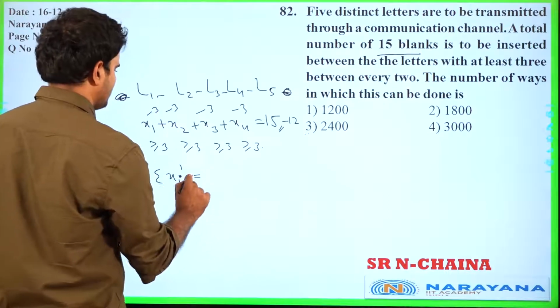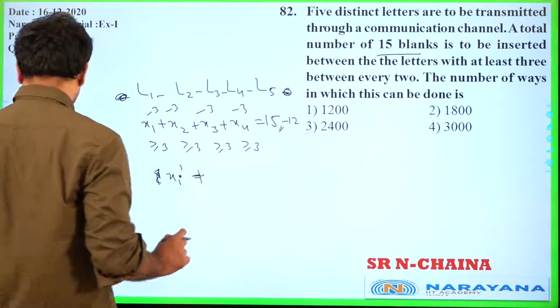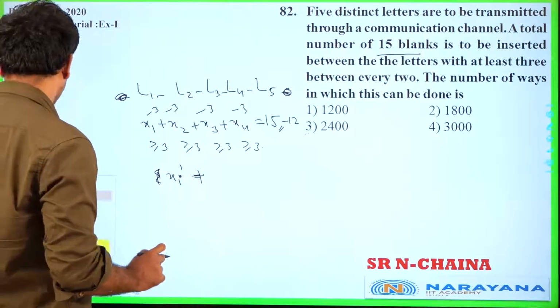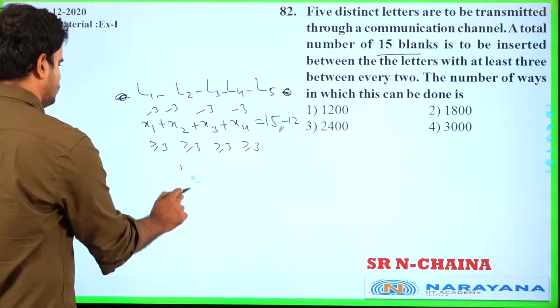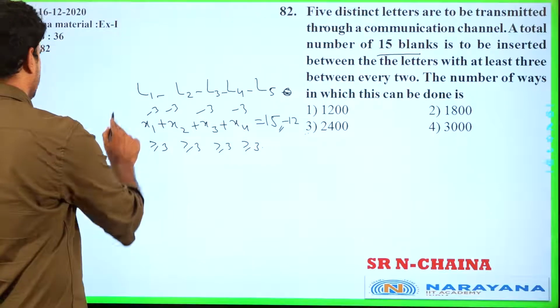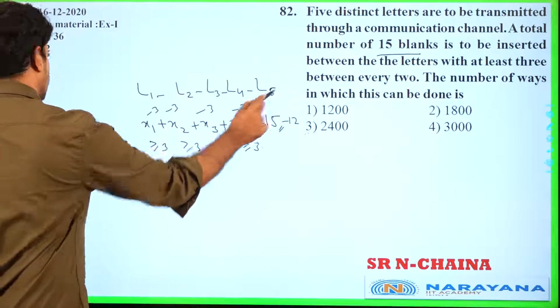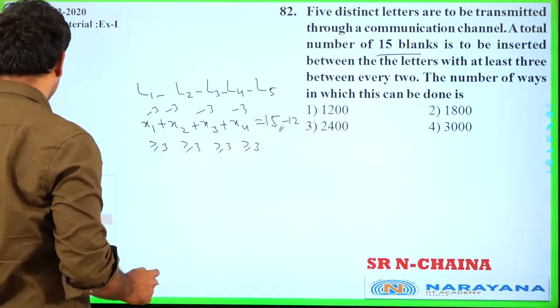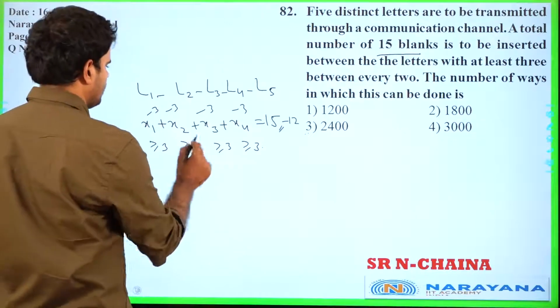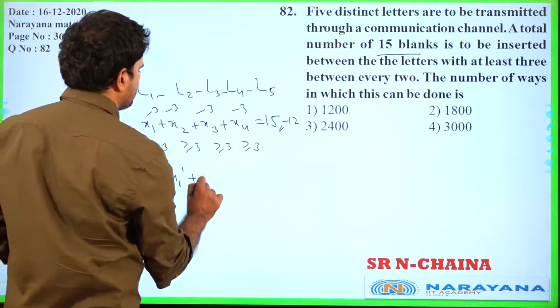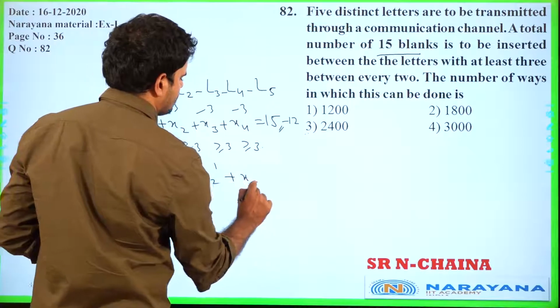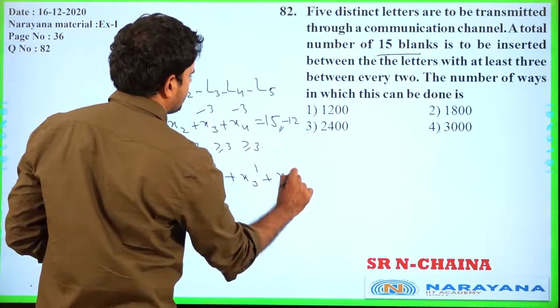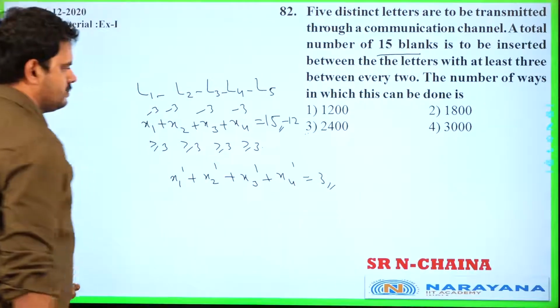Okay, let me write in detail, that's better. So what do you have, people? x1 dash plus x2 dash plus x3 dash plus x4 dash equal to 3.